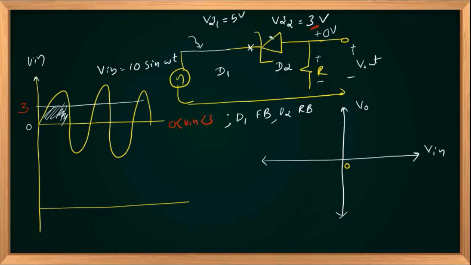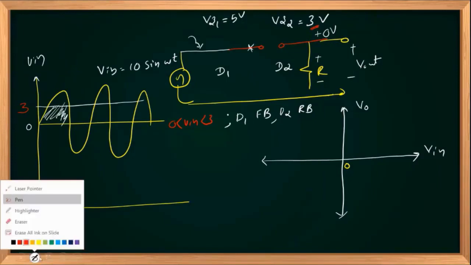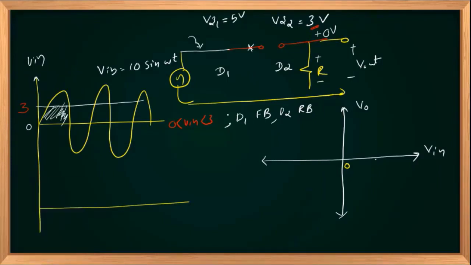So before breakdown, you should replace your D2 with an open circuit. If your V in is between 0 and 3, positive, D1 is short circuited, D2 is open circuited.